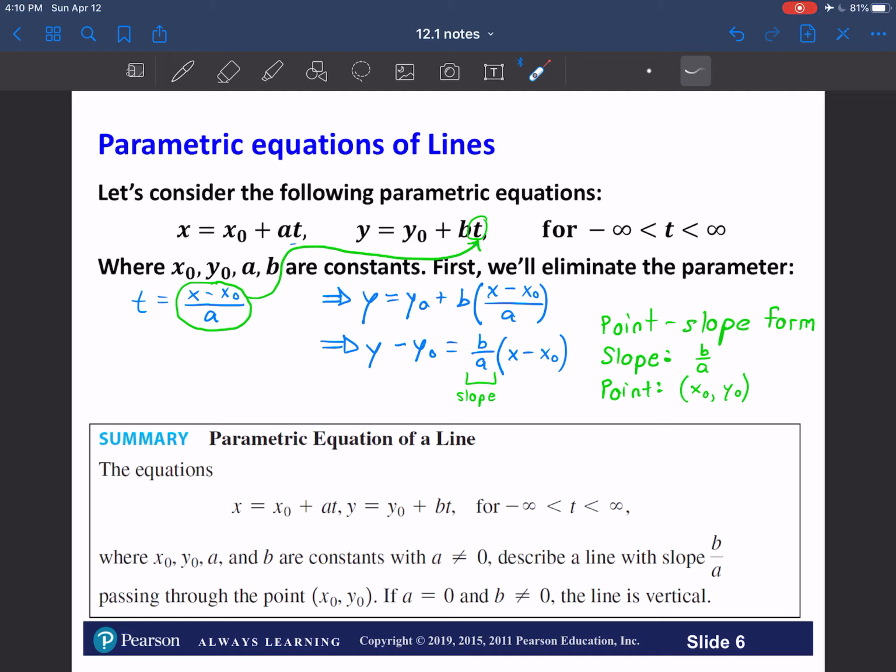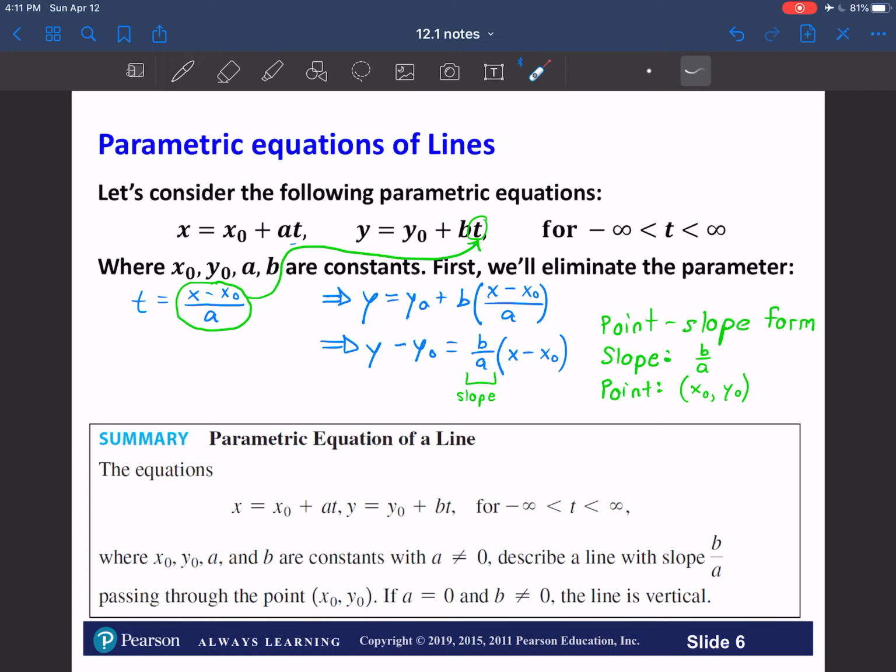The only caveat they say here is that if a is equal to 0 and b is not equal to 0, then the line is actually vertical. So if you were to describe x equals 5 and y equals anything, let's say 2 plus 3t, then that would be a vertical line.